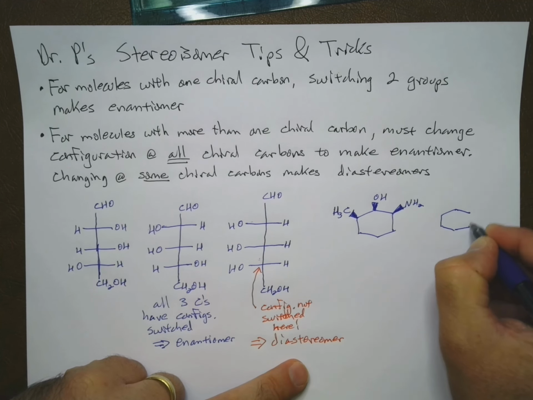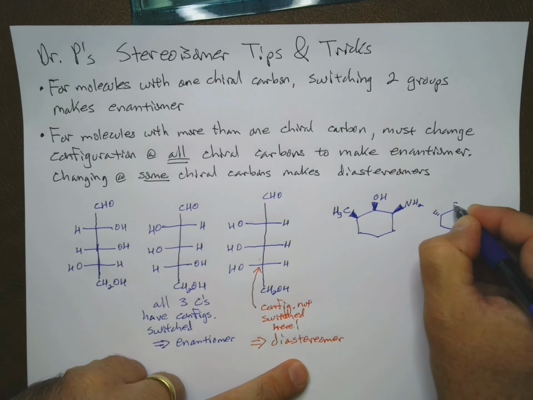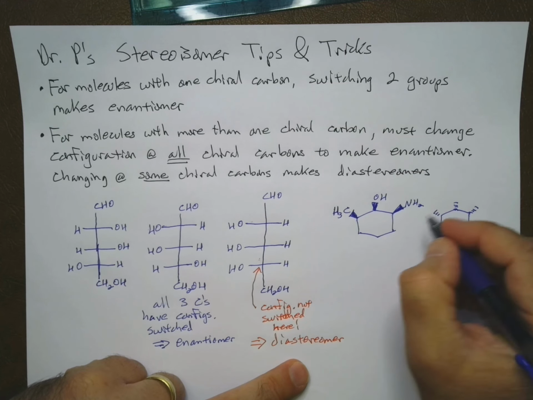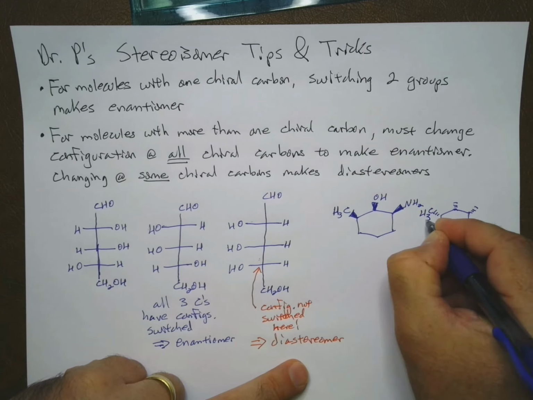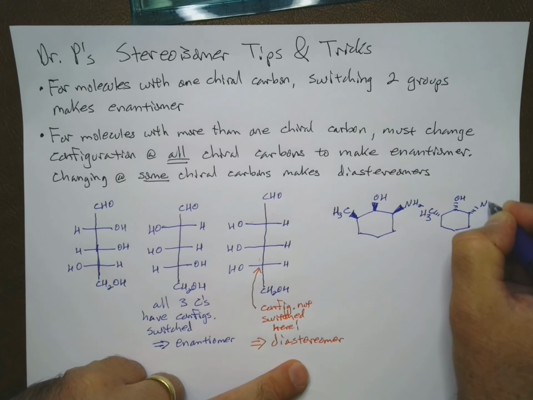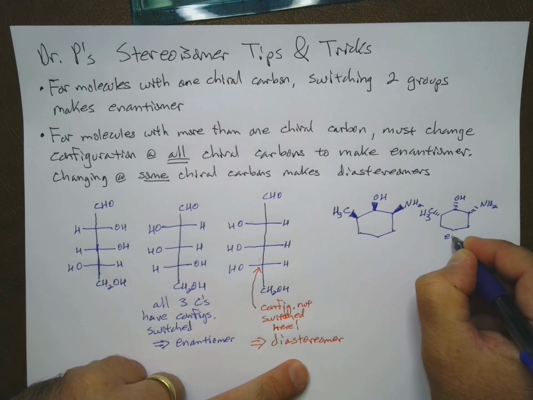And I'm going to have to change my configuration at all of these, CH3, OH and NH2, to make the enantiomer.